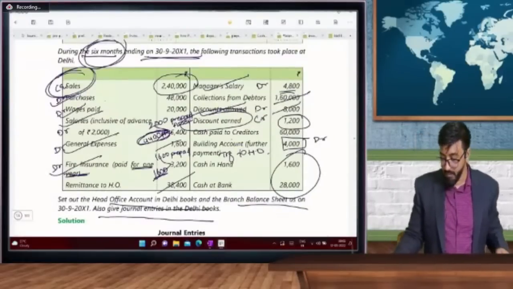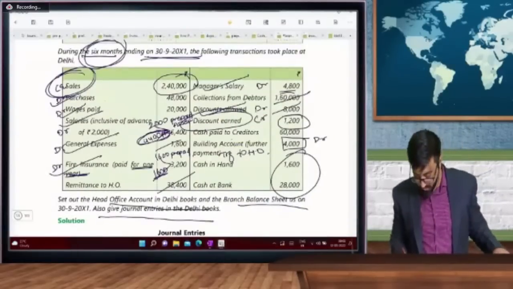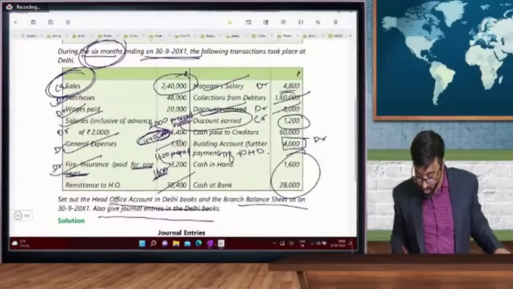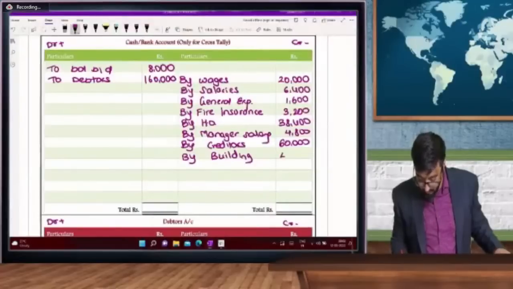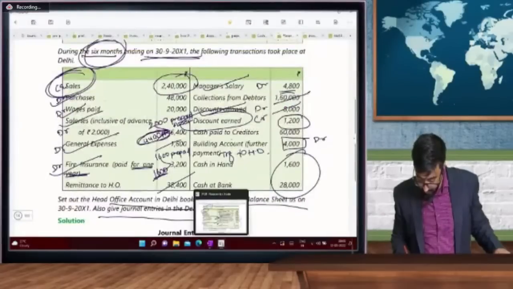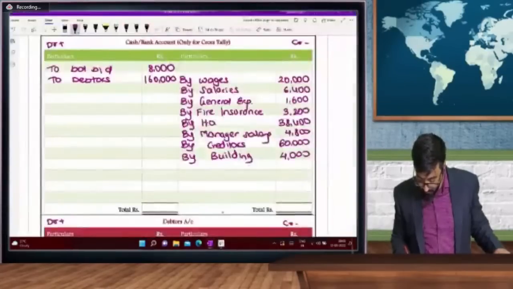Building account further payment. So building to cash, and then building is transferred to HO. Building is transferred to HO because fixed asset is not maintained. By building, and by balance carried down total.